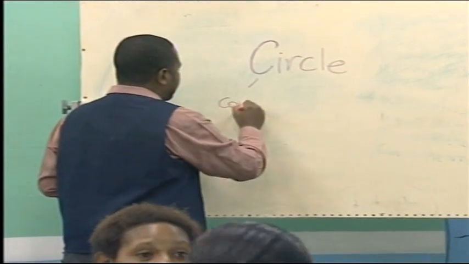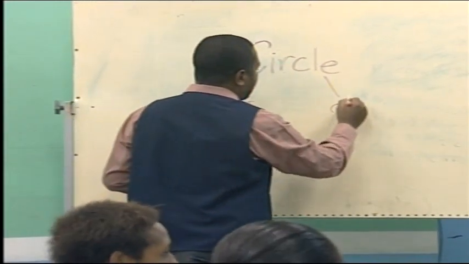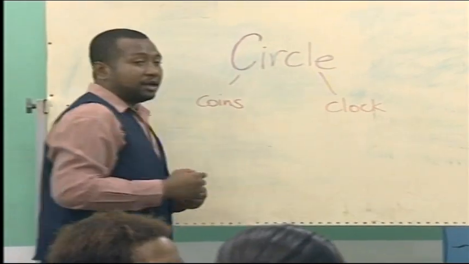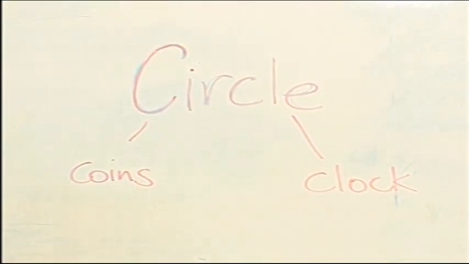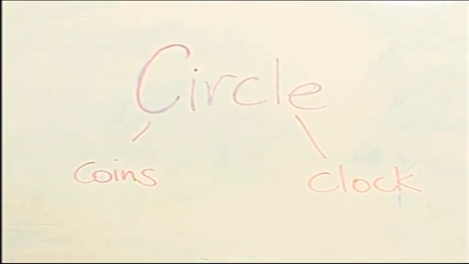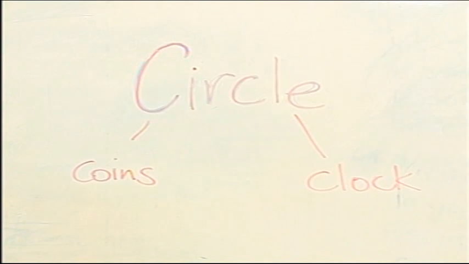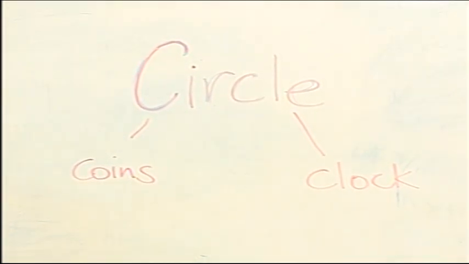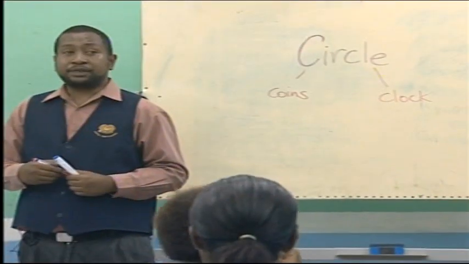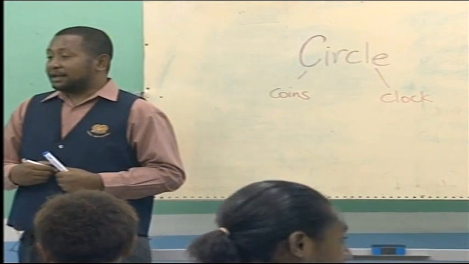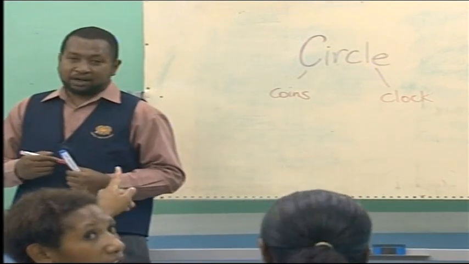Okay, first we say coins, clock. Is there something that you can find in your house or in this classroom? So, students, you can name some of the objects which you can find in your classroom, which are circles. Isaac. Marble. Okay, can you see a marble? Oh, you have marbles in the house. Okay, very good.